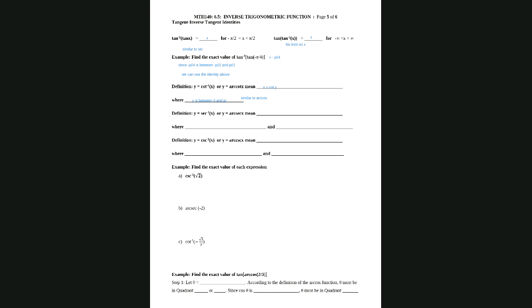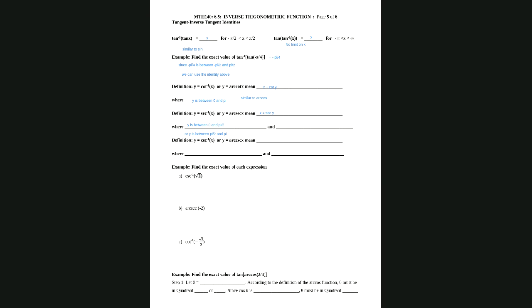And then next, we have the inverse secant function, or arc secant. So if y is equal to inverse secant x, that means that x is equal to the secant of y, where y is between 0 and pi over 2, or y is between pi over 2 and pi.